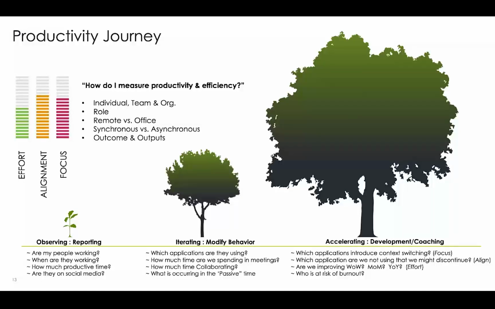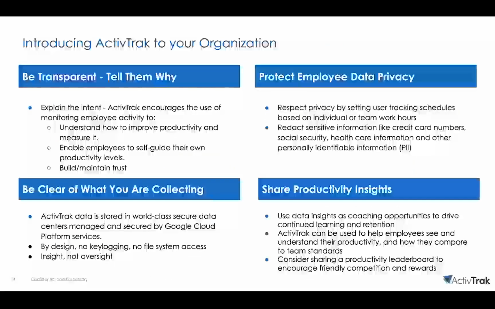Are we improving week over week, month over month, or are we declining? Or is this kind of a roller coaster and it goes up and down depending upon a variety of factors? And then of course, who's at risk for burnout? These are the kinds of questions that organizations are able to ask and then go and answer for themselves using some of this data that comes from ActivTrak.